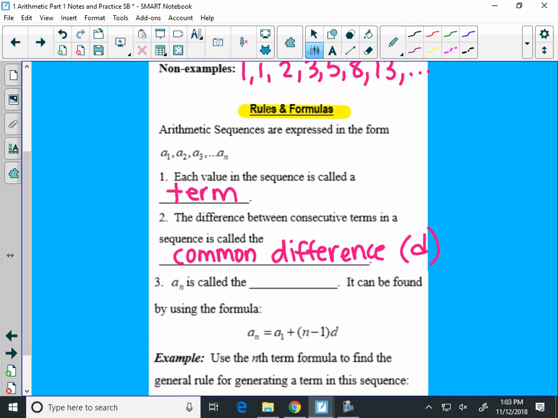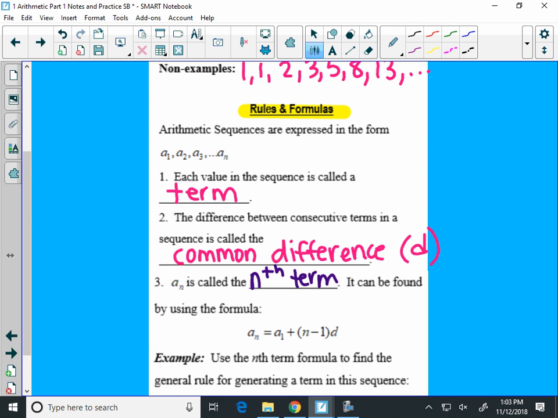A sub n is a notation you're going to see a lot. A sub n is called the nth term. Instead of saying the second term or the 12th term, the n is a general term, the term I'm trying to find. We'll see that once we get into some examples.